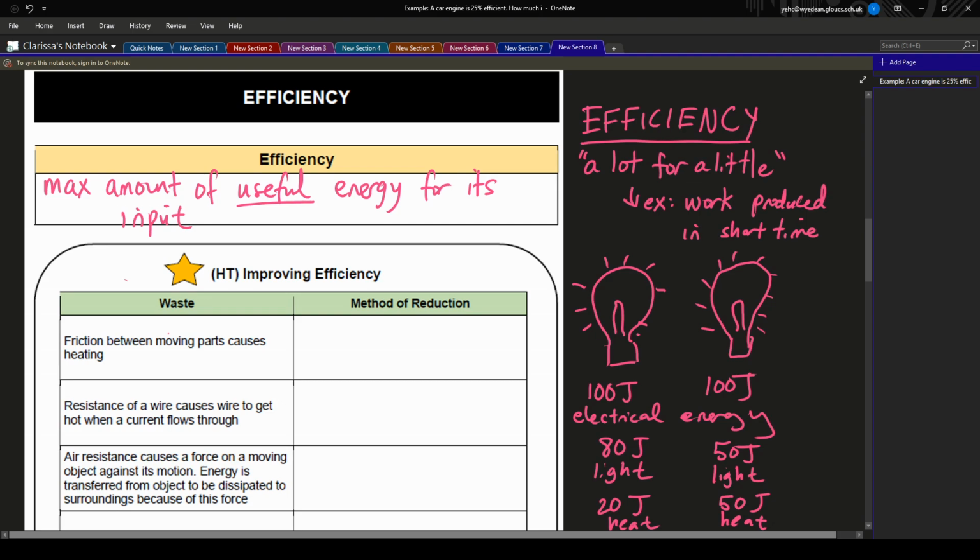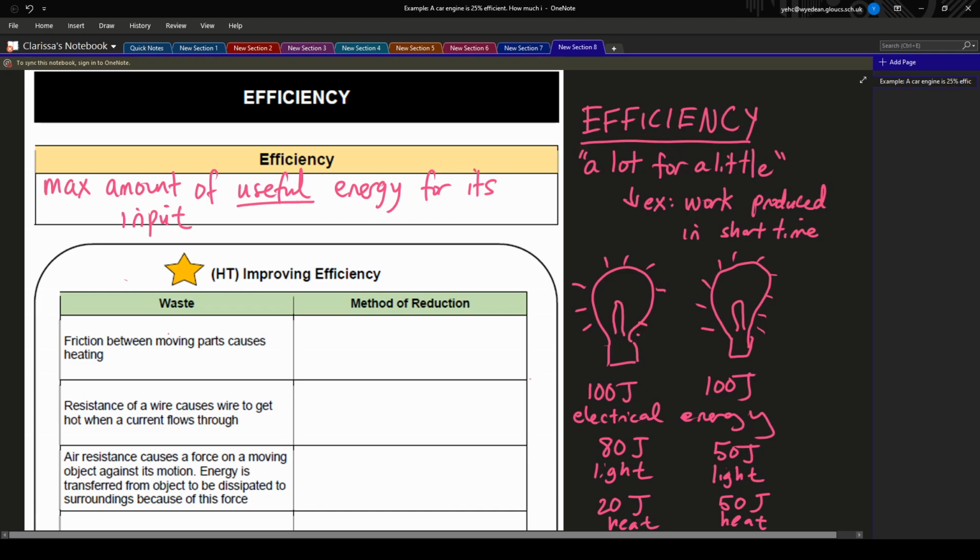Light bulb number 1 on the left-hand side would be more efficient because the same amount of energy is going into each one, but light bulb number 1 is using the maximum amount in a more useful way. So it's better at taking what it's given and making something useful from it.